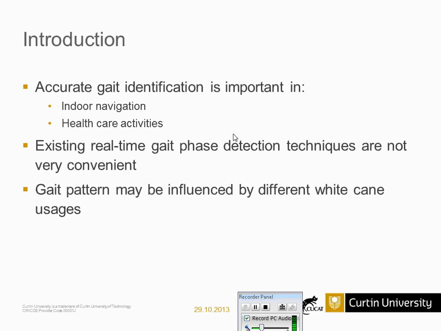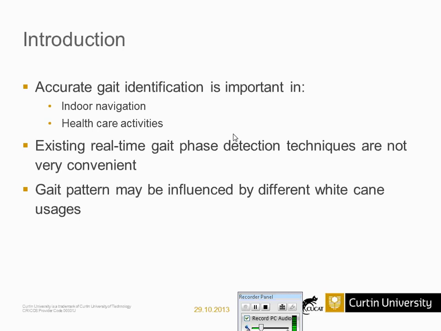And gait identification and gait phase identification is important in many applications like indoor navigation, especially when it comes to vision impaired people, and of course healthcare activities like fall detection and so on, recovery identification, all those applications.